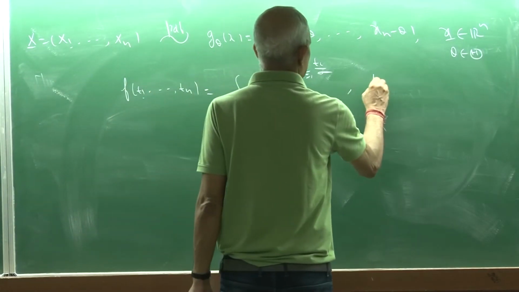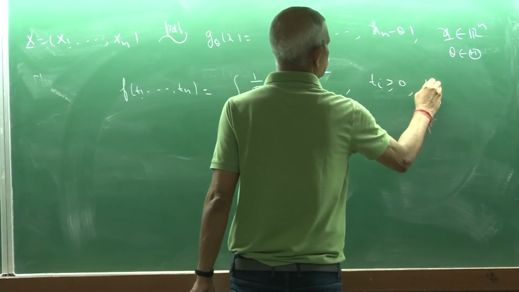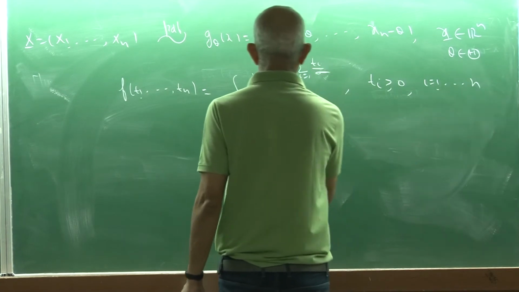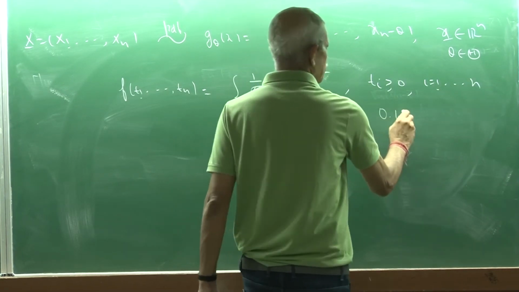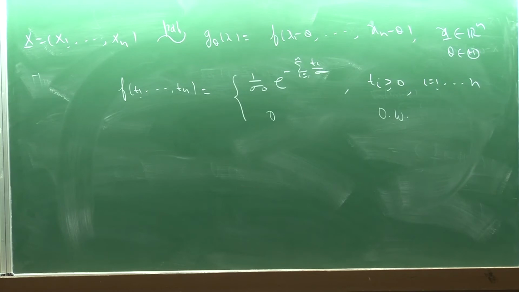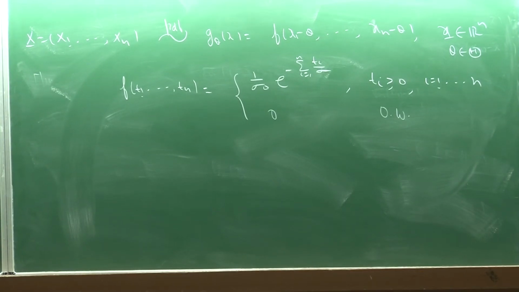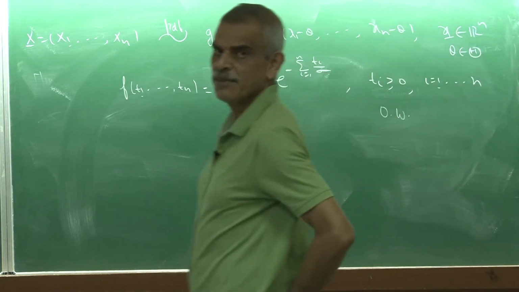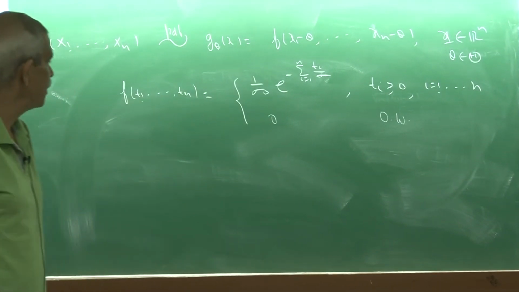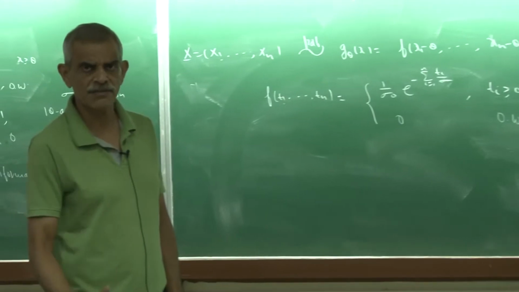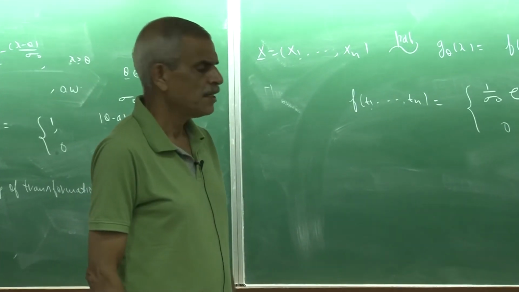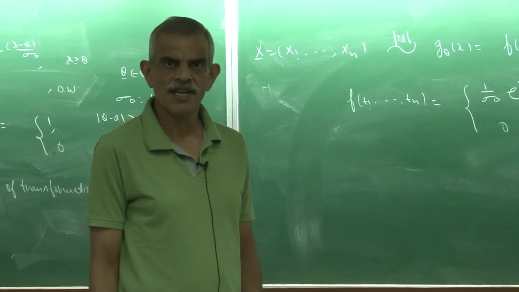So ti is greater than or equal to 0, and 0 otherwise. So it is a location family. I know my estimation problem is invariant under the group of transformations, the additive group of transformations. So I can find the MRIE.